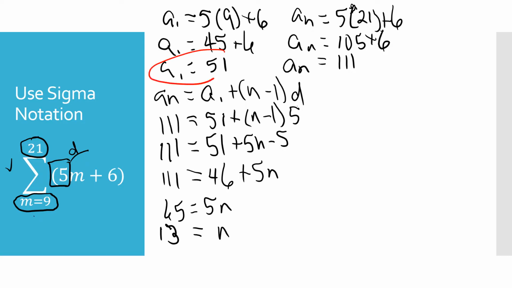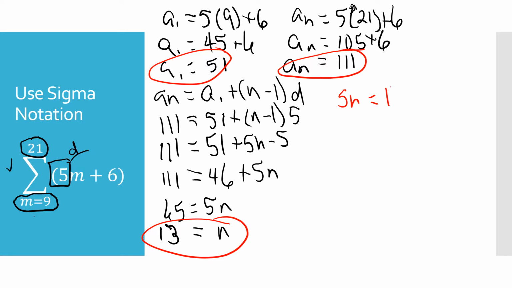We know a1, we know an, we know 13, and we can plug this into our partial sum of the arithmetic series formula, which is Sn, that's the sum, equals n times a1 plus an over 2, close parentheses. Let's substitute and plug and chug. Should have put an n probably there instead of 13, but the 13 represents the n.